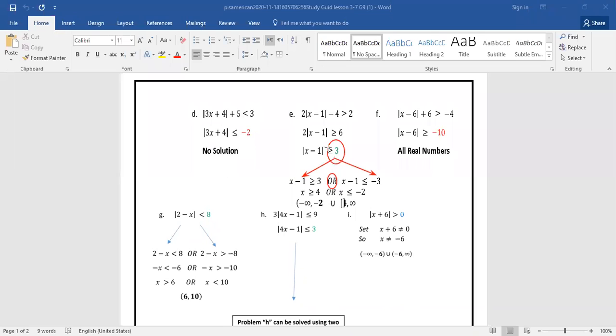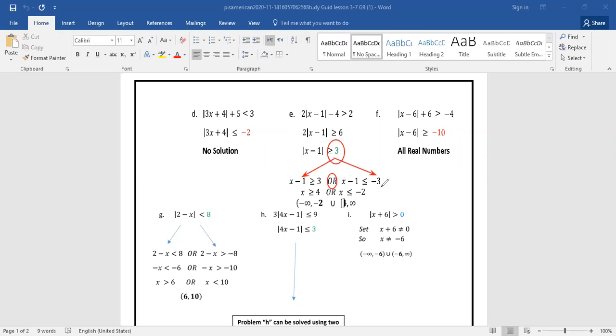Because we will divide our answer into 2 branches or 2 cases. How are we going to divide our answer into 2 cases? First, remove the absolute value sign and copy paste. It will be x minus 1 more than or equal 3.